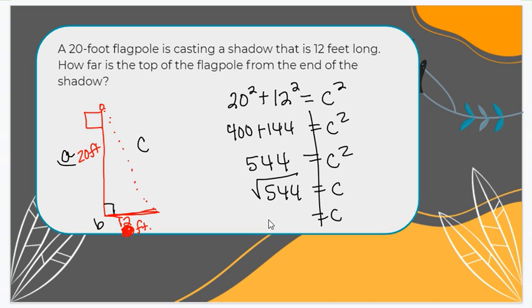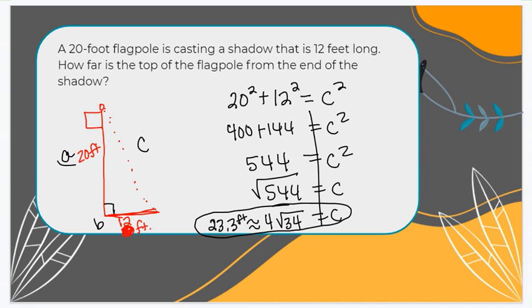It's 4 root 34 as a simplified radical, if that's how they want it, which as a decimal would be approximately 23.32, so that stays at 3, and this is feet. I'm going to circle all of this as my solution. So it's 4 root 34, which as a decimal is 23.3 feet.